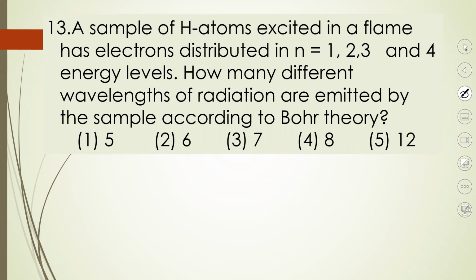How many different wavelengths of radiations are emitted by the same sample according to the Bohr theory? Actually, what can you do here? You have to draw 4 energy levels, isn't it? 4 energy levels can be drawn: 1, 2, 3, and 4.